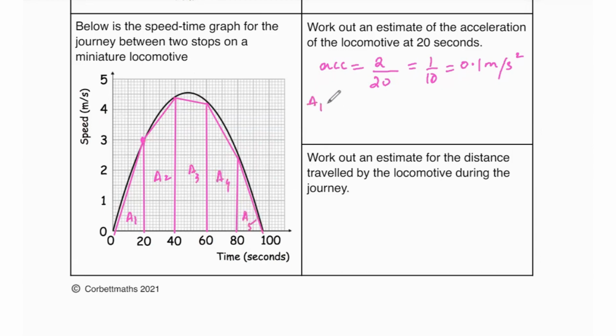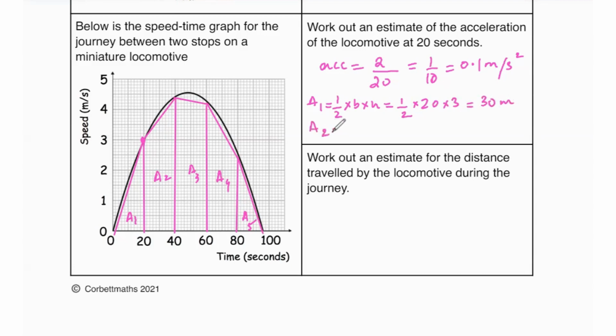A1 will be, since it's a triangle, 1 over 2 times base times height, which is 1 over 2 times base 20 and height 3. So that's going to be 30 meters.